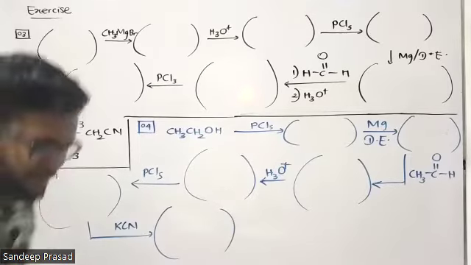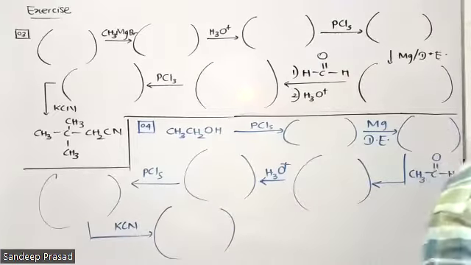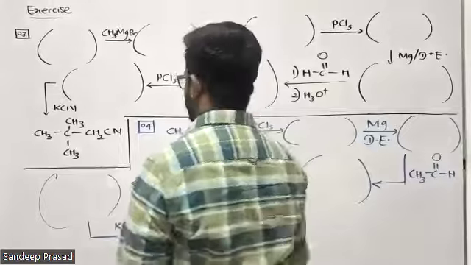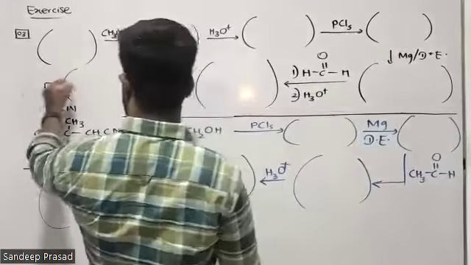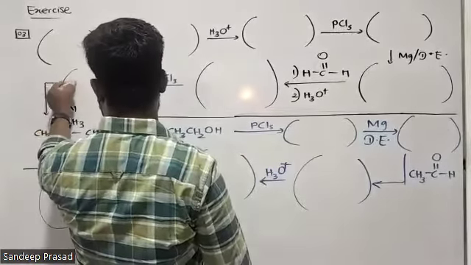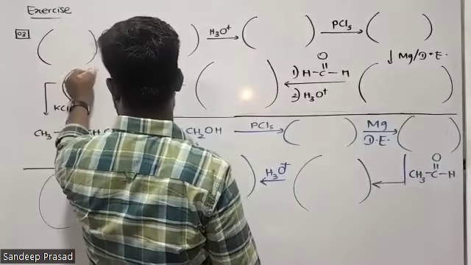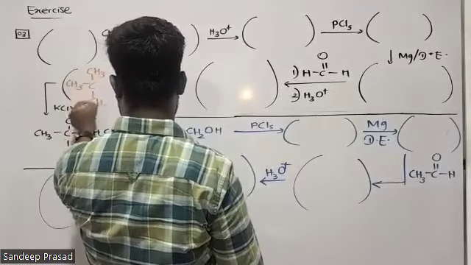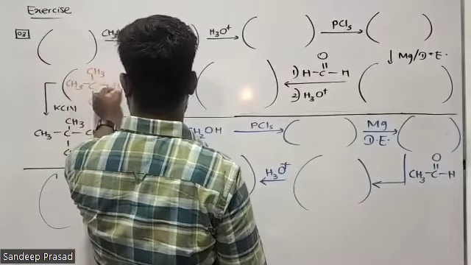What about number 3? Because we have to go for the reverse, right? PCl3 is their previous step. So therefore, we can say that this is alkyl halide, right? Alkyl chloride, CH2Cl.